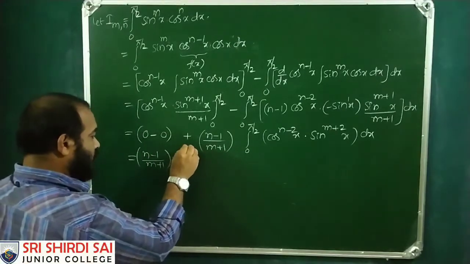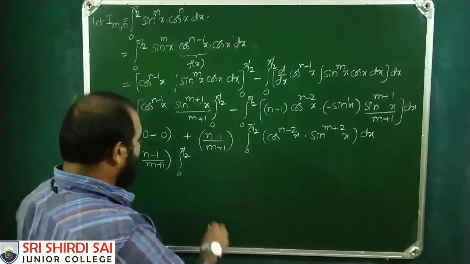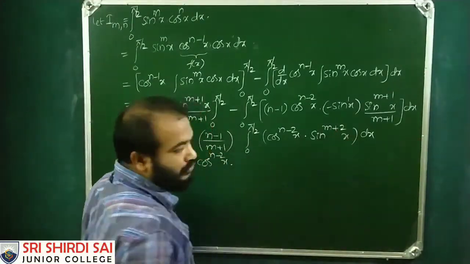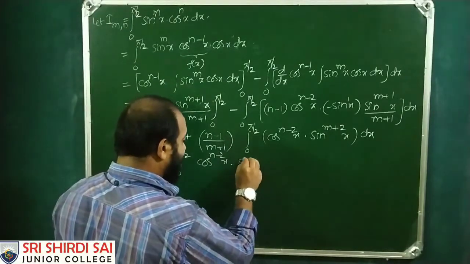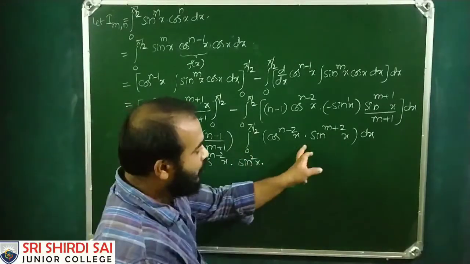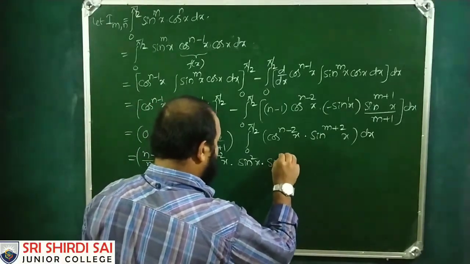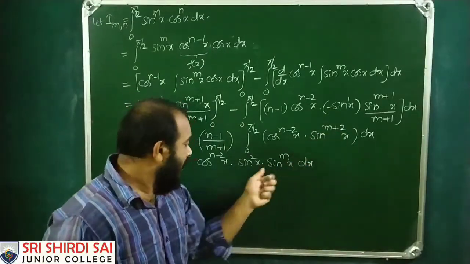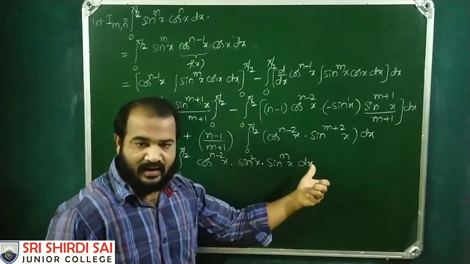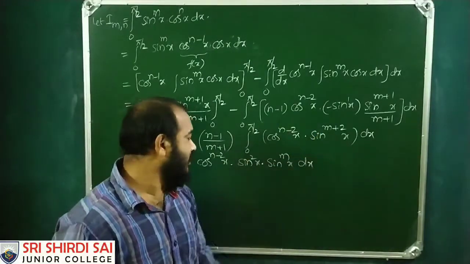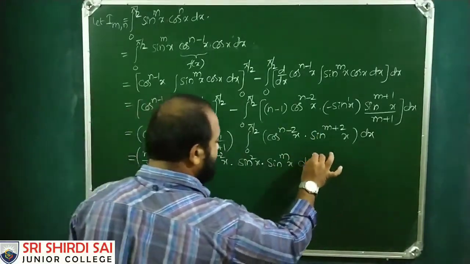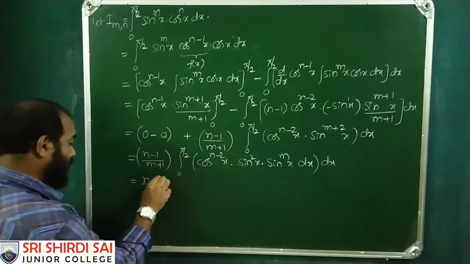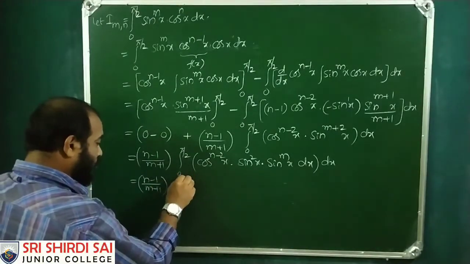integral 0 to pi by 2 cos power n minus 2 x into this sin power m plus 2 x can be written as sin square x into sin power m x dx, because this is a power m plus 2, a power m into a power 2. This is equals to n minus 1 by m plus 1 integral 0 to pi by 2.